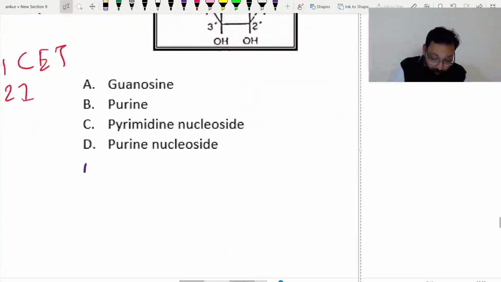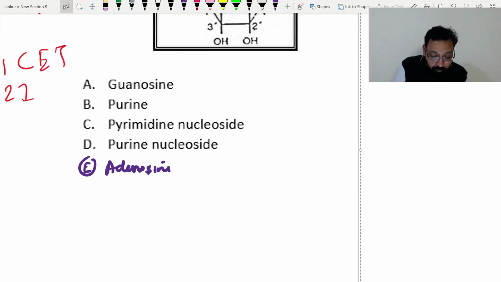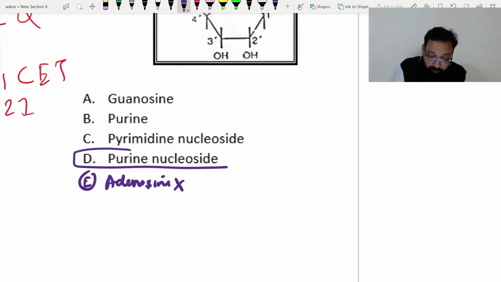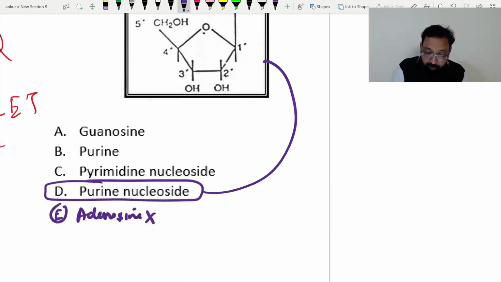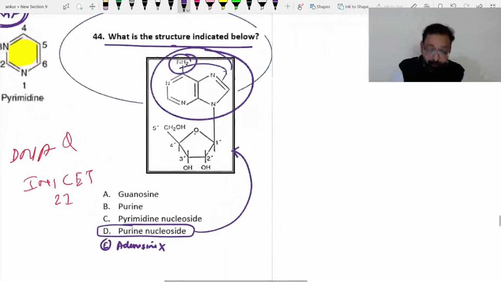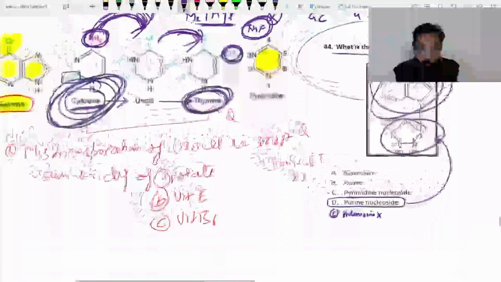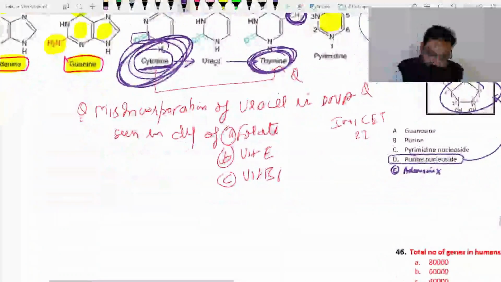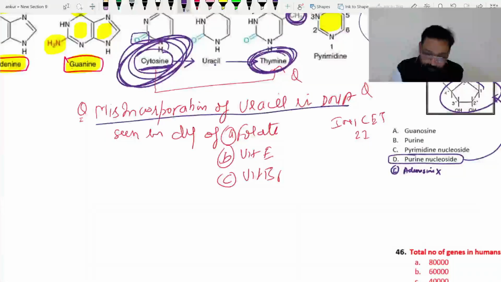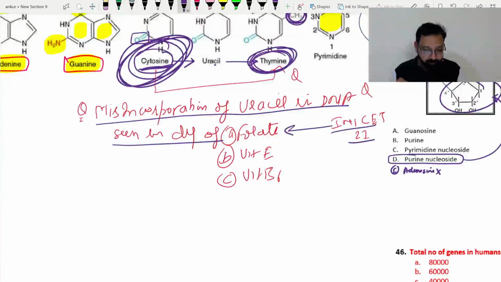So this is option E. Adenosine is the best answer. But if adenosine is not given in the question, you will say it is a purine nucleoside. Base plus sugar, nucleoside. Okay, got the point? Misincorporation of uracil in DNA is seen in deficiency of, yes, this was the recall question.